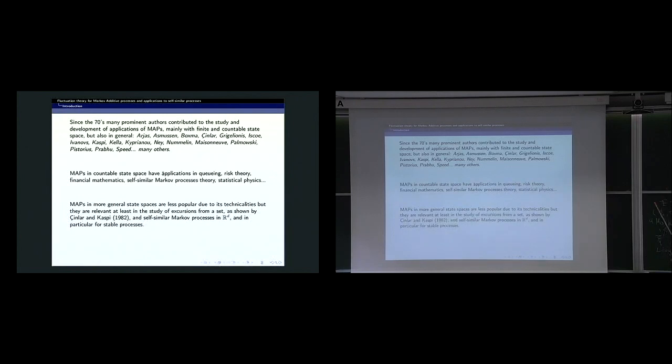For instance, there is a local time that tells us how much time we spend in a set, and the inverse of the local time still has independent increments. But the increments will depend on the position where we are starting in the set. So the inverse local time for the excursions from a set is actually a Markov additive process.